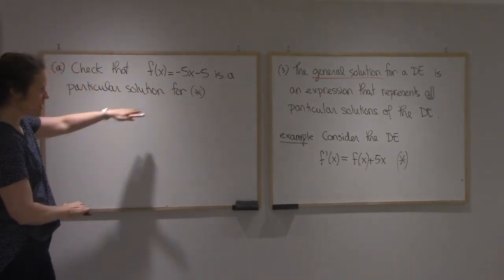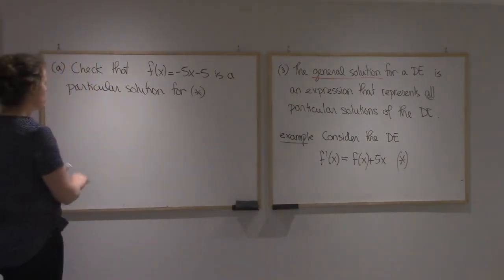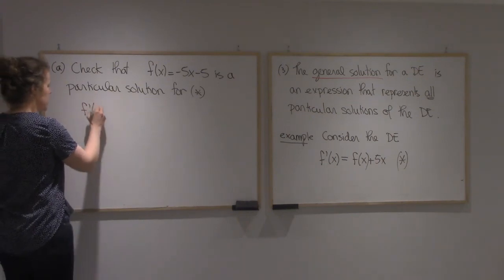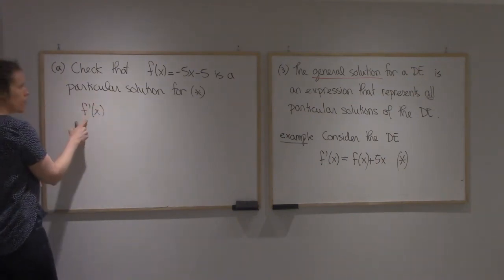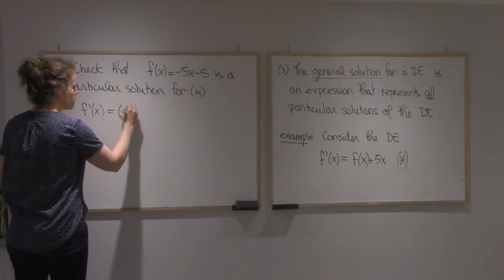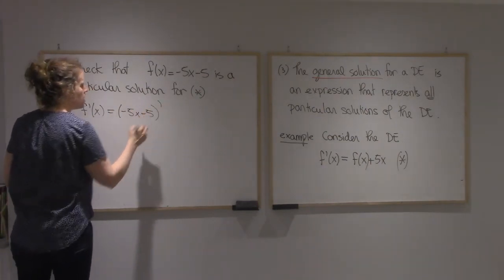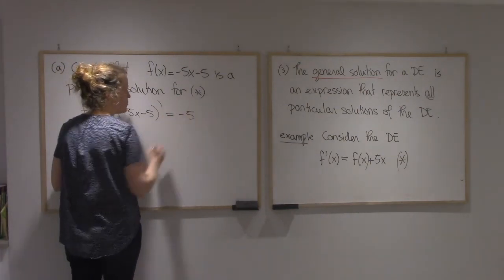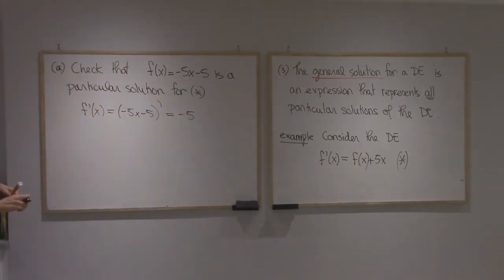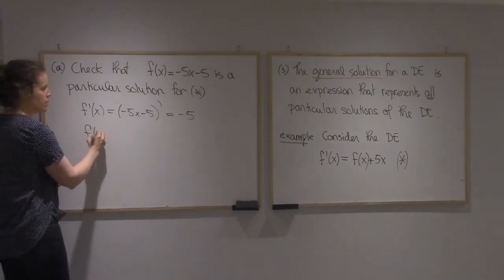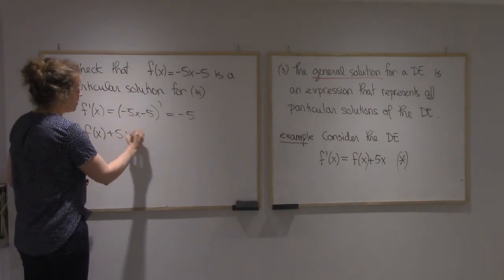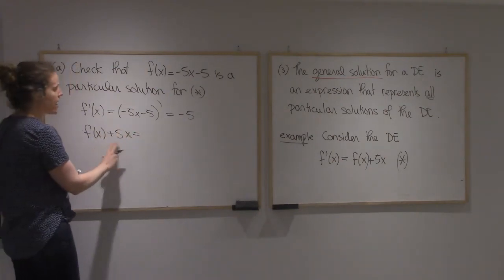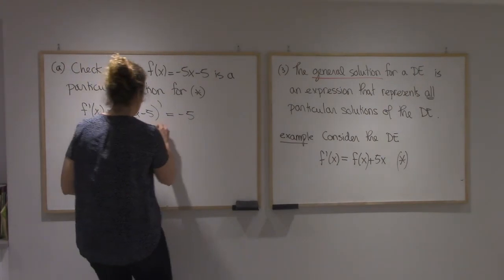Alright, so we need to check that this fits, so the two sides are equal. The left-hand side is f prime. If I differentiate this, I'm left with minus 5 plus 0, so just minus 5. So that's the left-hand side. The right-hand side is f of x plus 5x.